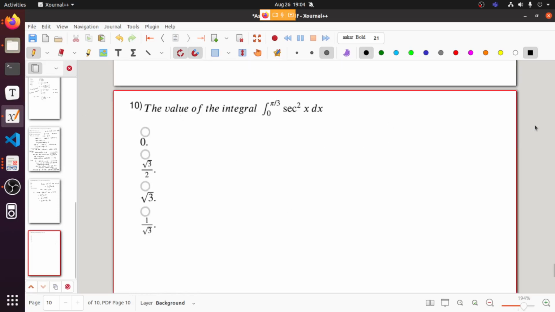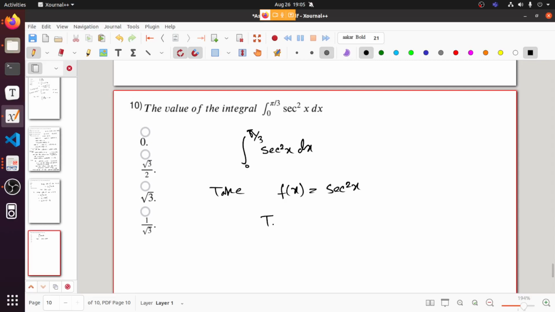Now move to the last question. You have to find the value of the integral 0 to pi by 3 sec square x dx, right? Now you can use the fundamental theorem to calculate this. You can take f(x) to be sec square x. What will be the antiderivative of this?